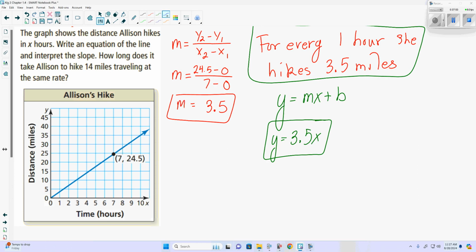And the last thing is to find how long it takes her to travel. Yeah, so 14 is equal to 3.5x. If we did have another value added to it, we would subtract it first. Then divide by 3.5.